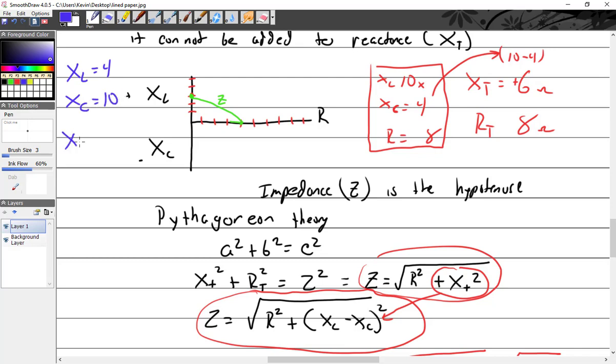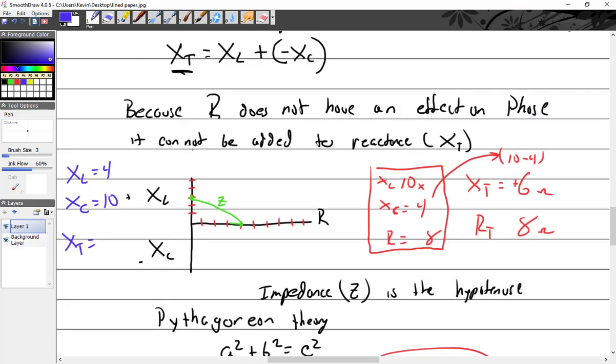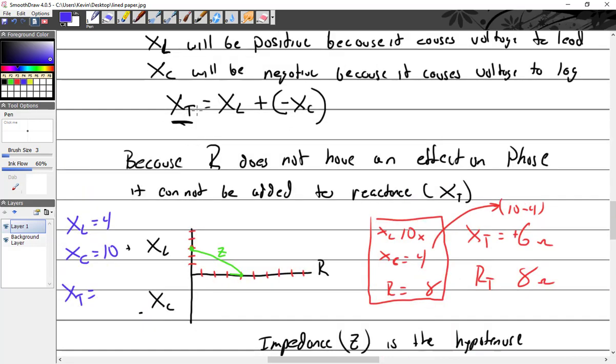Then x total equals what? Here's the formula. X total equals x of L plus negative x of C. So in your calculator, I would put 4 plus negative 10 equals negative 6.